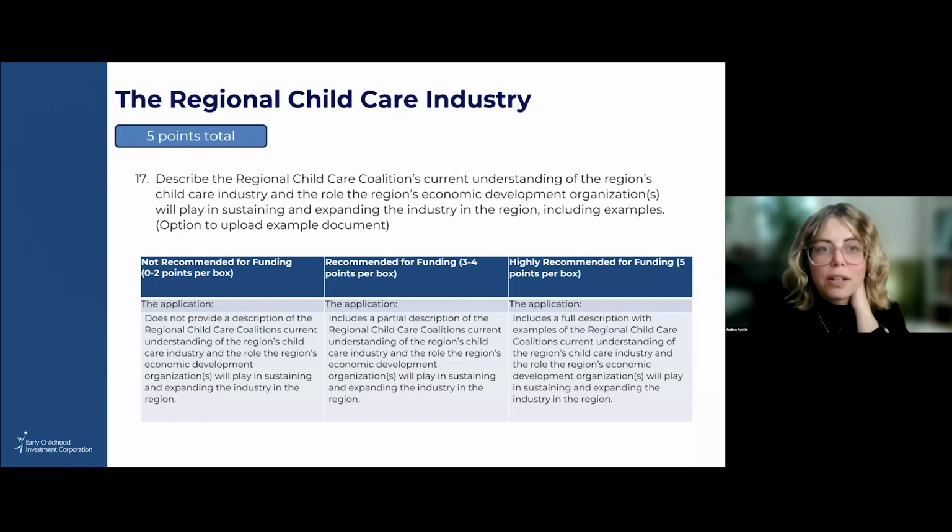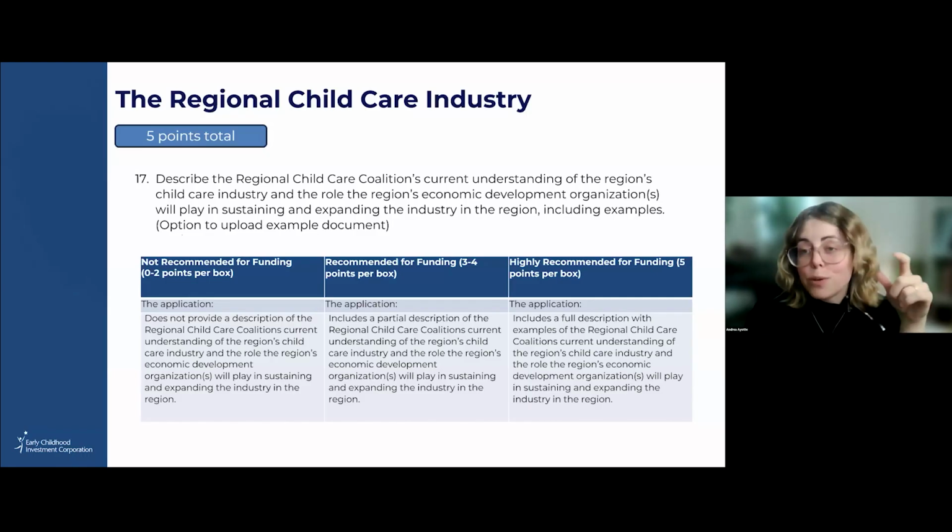And then the regional childcare industry. So you're going to describe the Regional Childcare Coalition's current understanding of the region's childcare industry and the role of the region's economic development organizations, the role that they will play in sustaining and expanding the industry.